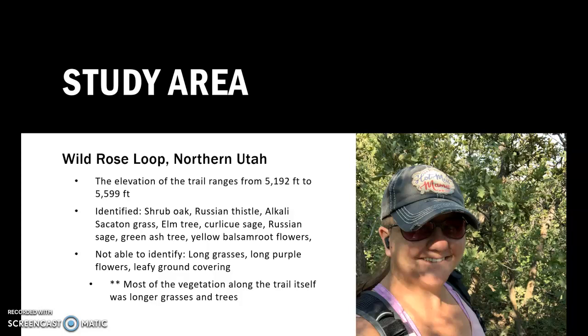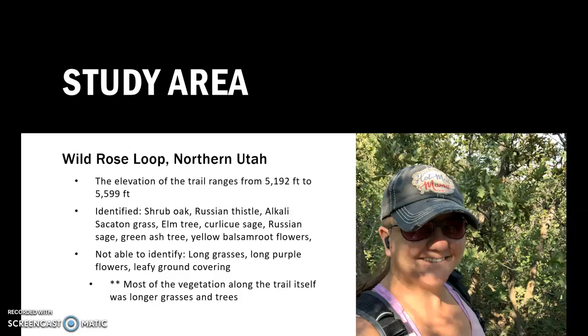The first time I went up there, I looked at all of the different vegetation that I could find. Things that I identified were the scrub oak, Russian thistles that grew at the top of the hiking trail, Alkali Sacaton grass, elm trees, 2 different kinds of sage, green ash trees, as well as balsam root flowers.